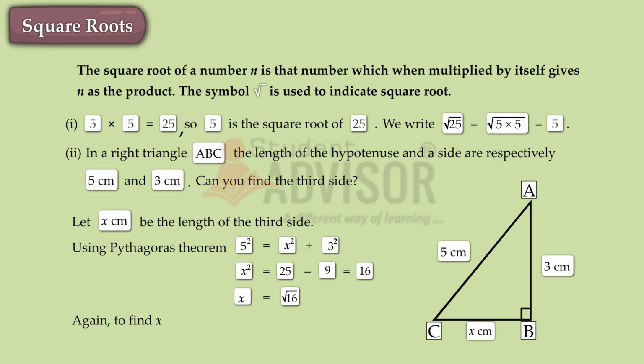Again, to find x we need a number whose square is 16. Therefore, x equals square root of 16 equals square root of 4 multiply 4 equals 4.